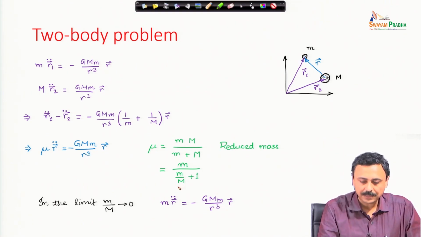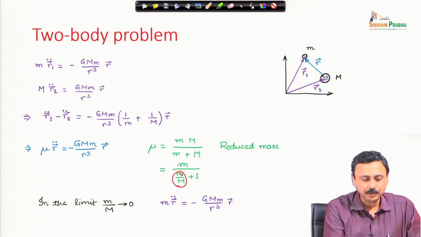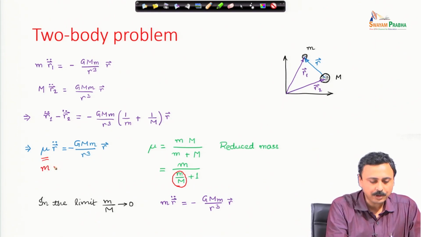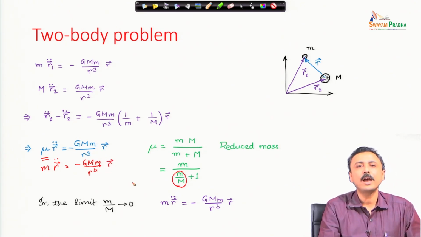When small m by capital M goes to 0, this term goes to 0, and therefore, this mu goes to small m. Therefore, our equation in the limit becomes the same equation which we have solved.